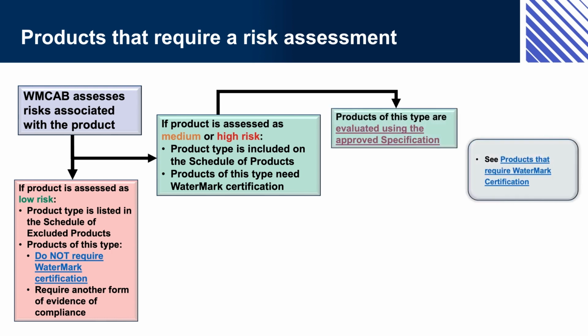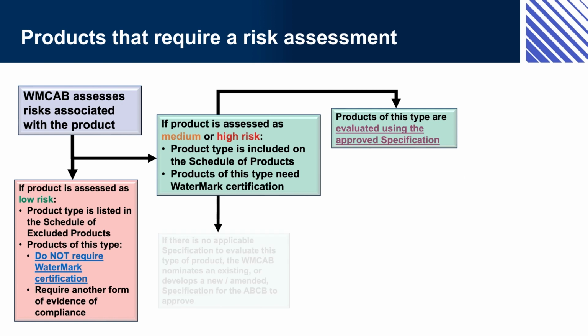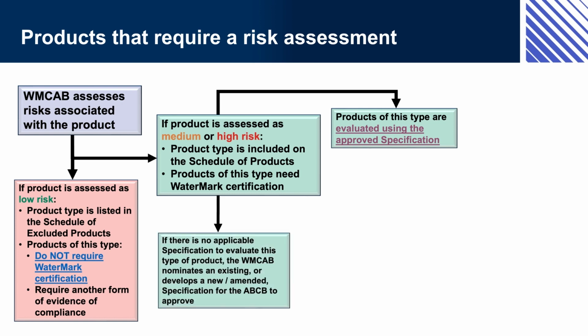Products of this type are evaluated using the approved specification. If there is no applicable specification to evaluate this type of product, the WMCAB nominates an existing or develops a new, amended specification for the ABCB to approve.